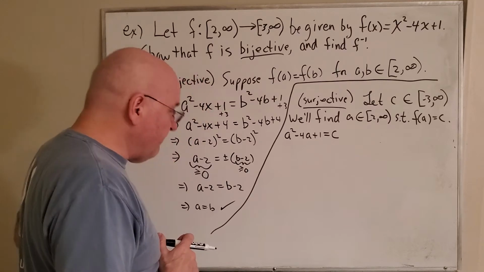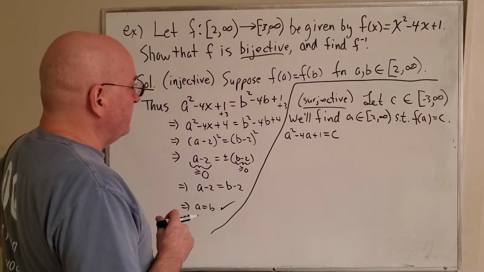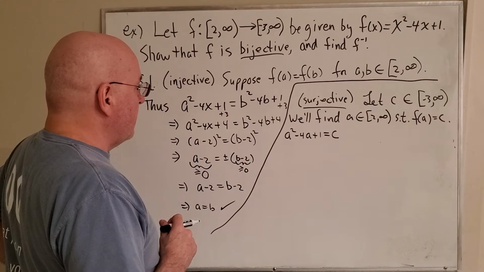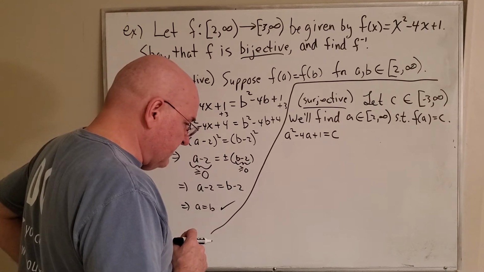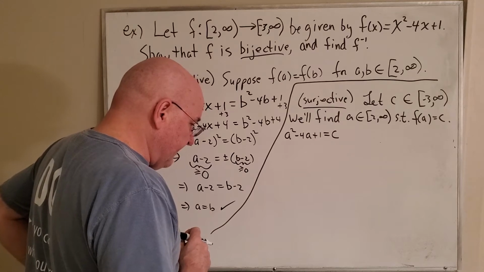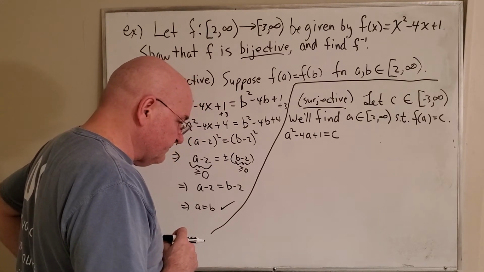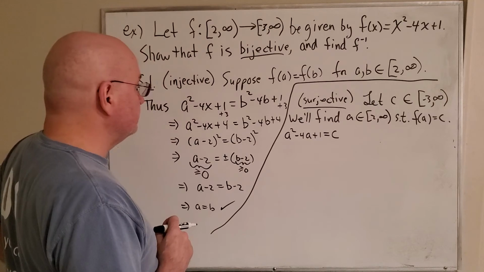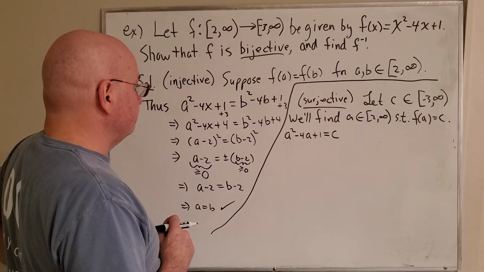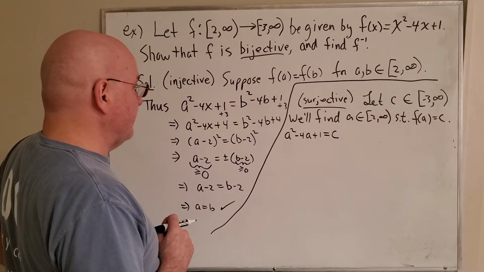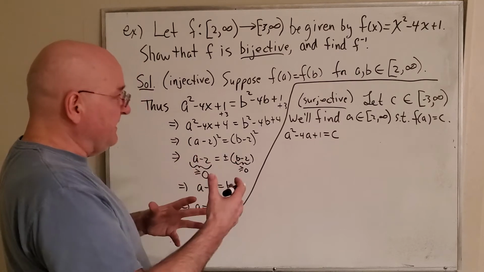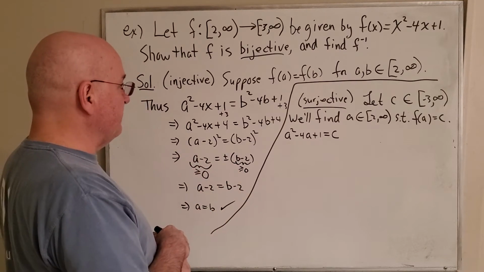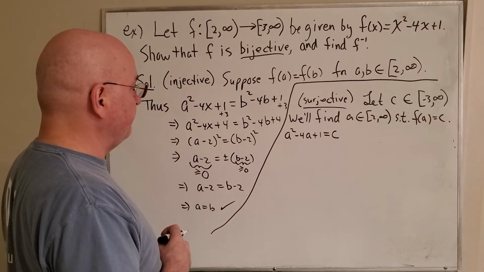If we want to solve for A, I guess the best way I can think of is using the square root property, completing the square, kind of doing the same thing we did over here.